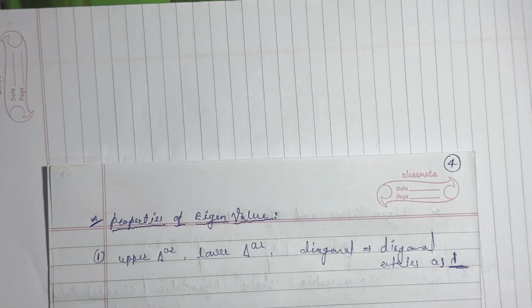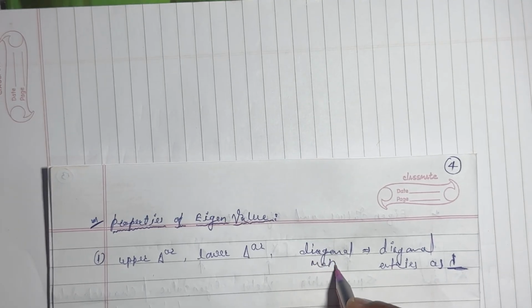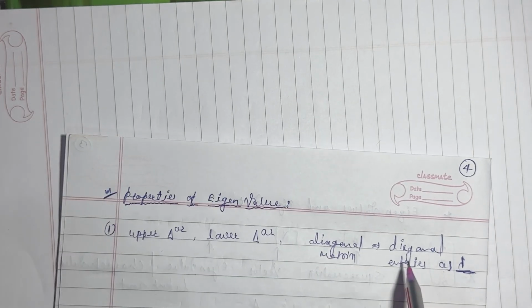This one is the first important property: for upper triangular, lower triangular, and diagonal matrices, the diagonal entries are the eigenvalues.